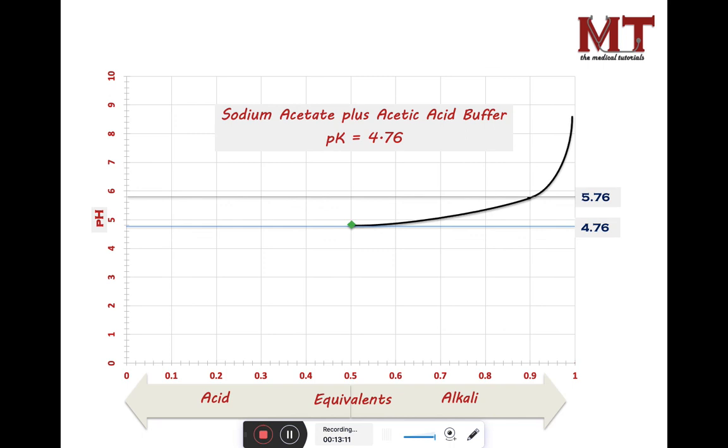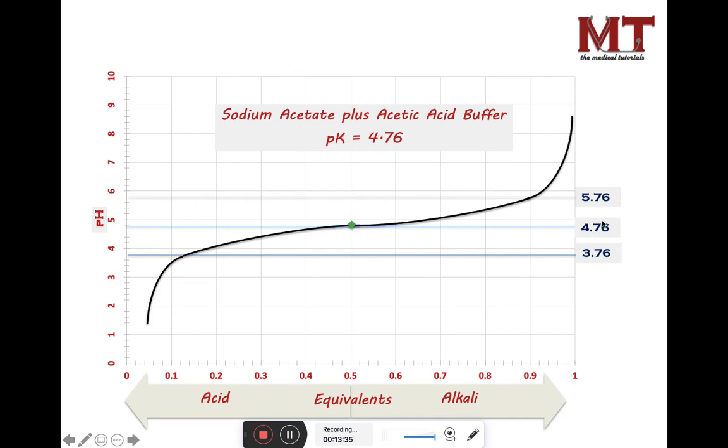Similarly, when we add acid to it, the pH decreases, but the decrease is very, very minimal. It decreases very slowly till it reaches 3.76, and after that it will suddenly decrease. So between the pH of 3.76 and 5.76, it tries to maintain the pH, means it acts as a buffer.